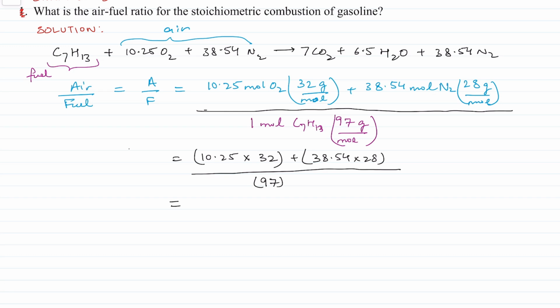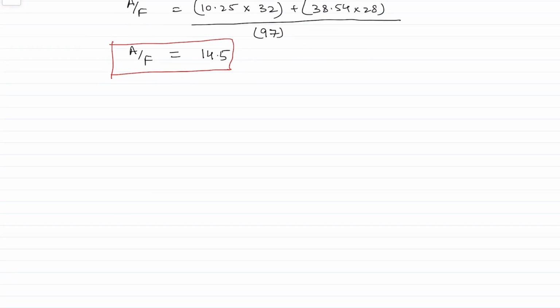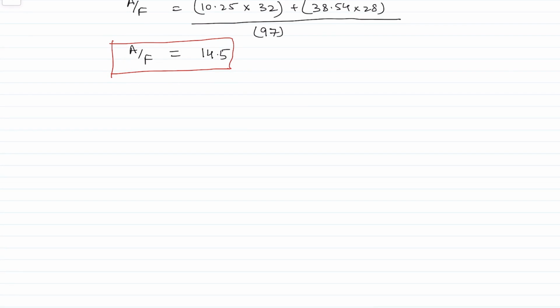So the A to F is 14.5. You would see later on that is a pretty important number: 14.5 air to fuel ratio on a mass basis for stoichiometric combustion of gasoline. Okay.